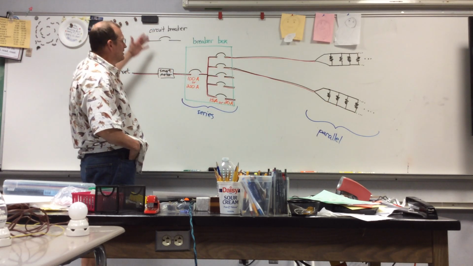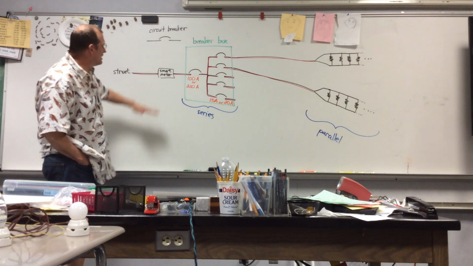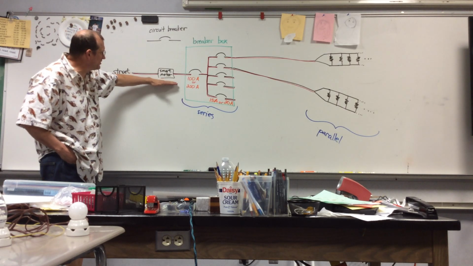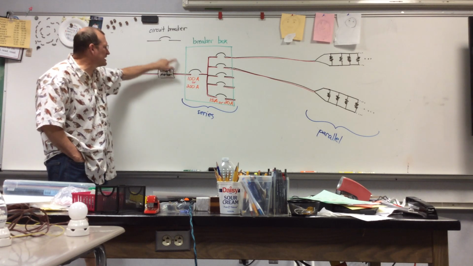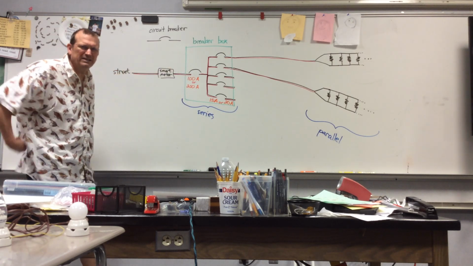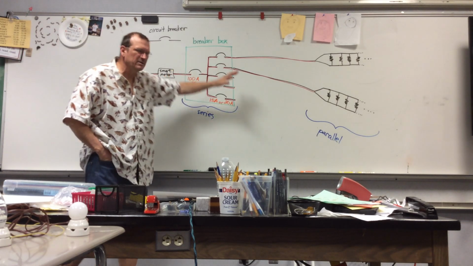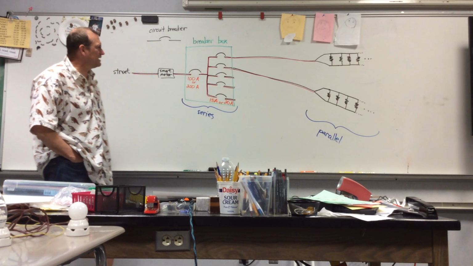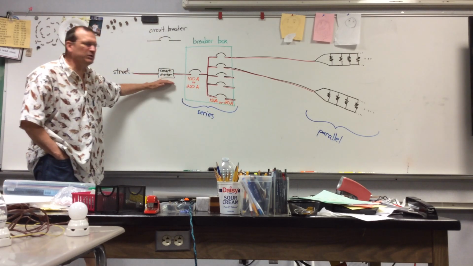Okay? So, conceptually, this is how your house functions. I may have more to say at another point, because I'm getting to the end of my 20 minutes here, about the smart meter. The smart meter can give you a little bit of information. If you go look at it, it flashes through little screens, and one of the screens tells you how many kilowatts your house is rated at a given moment. It basically pretends your house is just one big resistor, and it gives you an overall value.